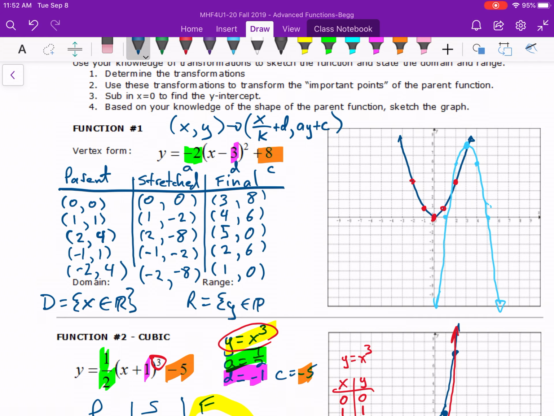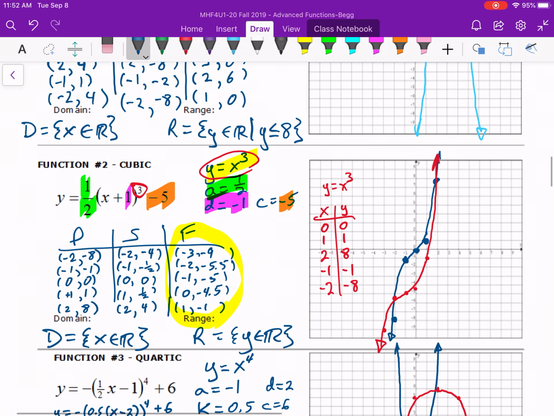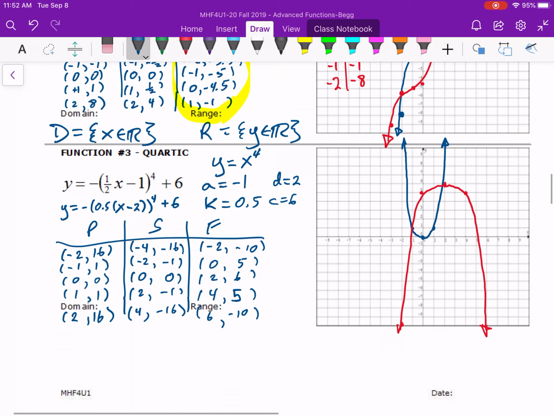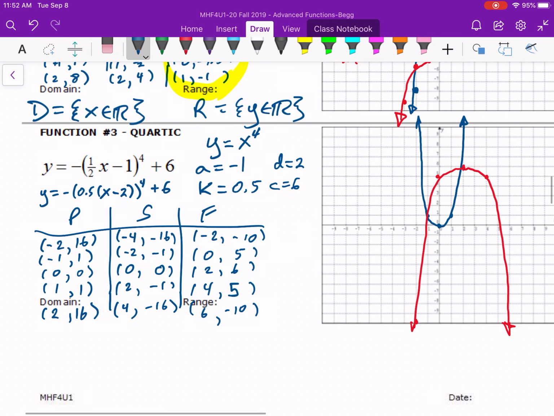So it's real numbers, but y has to be less than or equal to positive 8. The domain for this cubic is all real numbers. The range is all real numbers because it goes left and right forever, it goes up and down forever, everything's allowed. I won't talk through this last one because I feel the lesson's been long enough, but take a look.